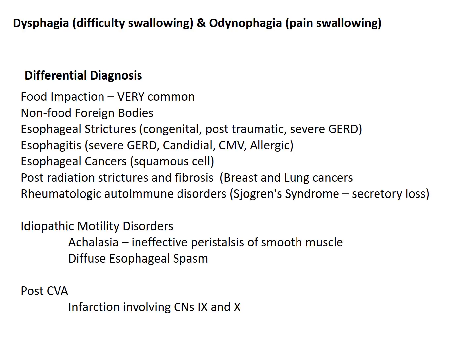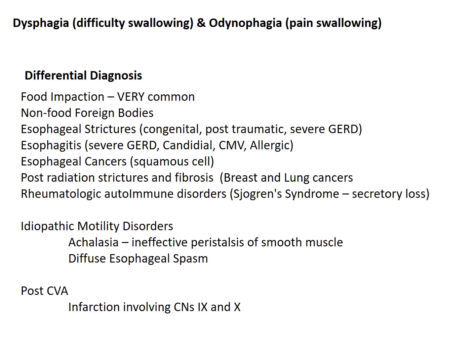One very common acute cause of this would be impaction in the esophagus, whether that's from food or non-food foreign body. Individuals who have esophageal strictures, which may be congenital or after trauma, radiation, severe reflux disease, which we will cover, inflammation of the esophagus, cancer of the esophagus, those two we'll look at really quickly.